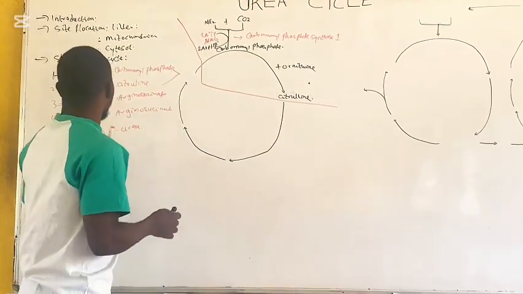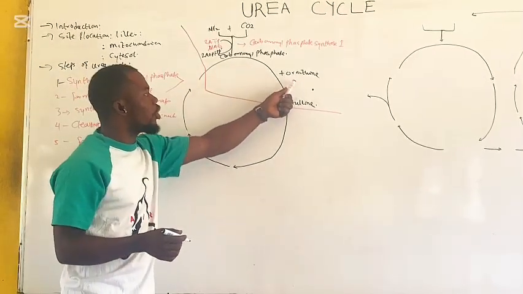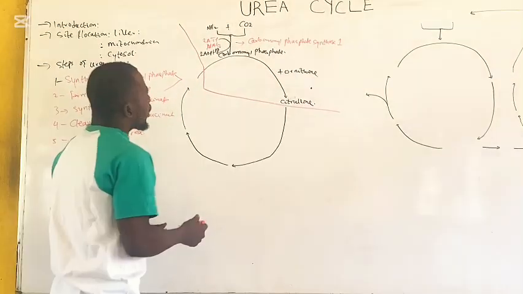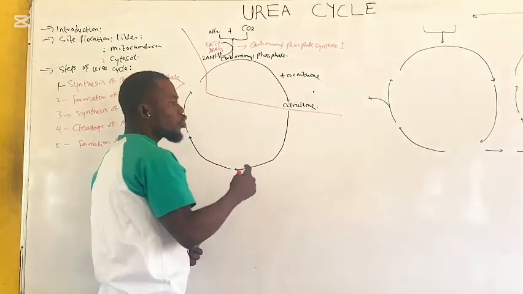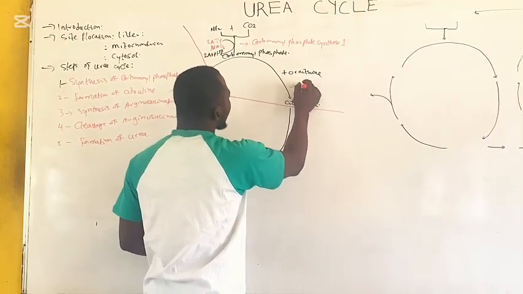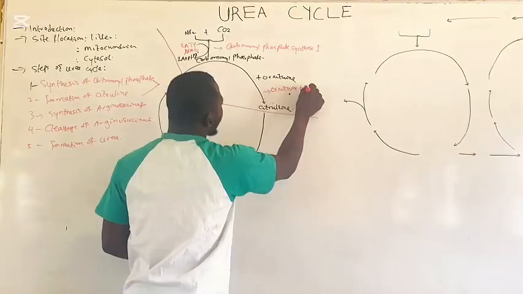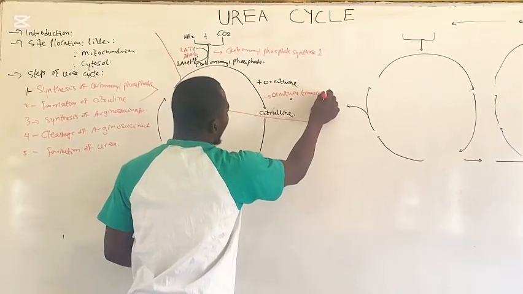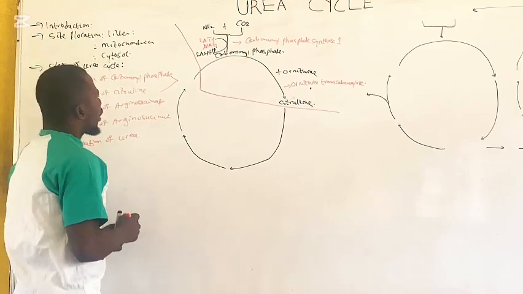So that is the second step. Formation of citrulline is the reaction between carbamoyl phosphate and ornithine, and it is catalyzed by an enzyme called ornithine transcarbamylase. That is the second step.